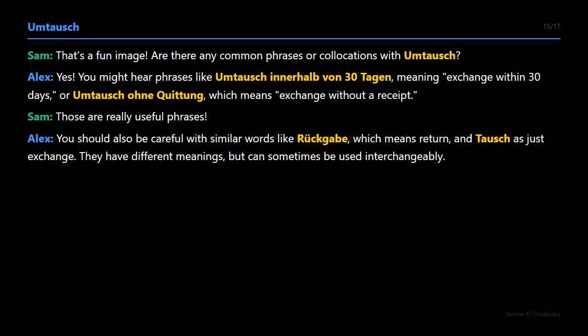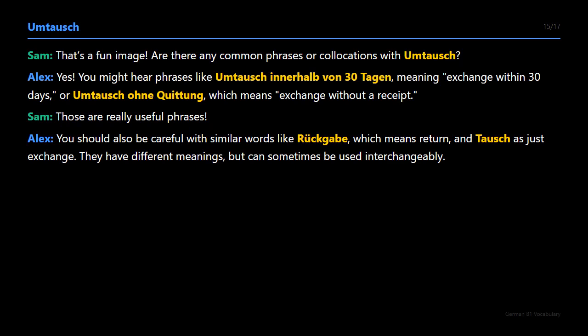That's a fun image. Are there any common phrases or collocations with Umtausch? Yes. You might hear phrases like, Umtausch innerhalb von 30 Tagen, meaning exchange within 30 days, or Umtausch ohne Quittung, which means exchange without a receipt.